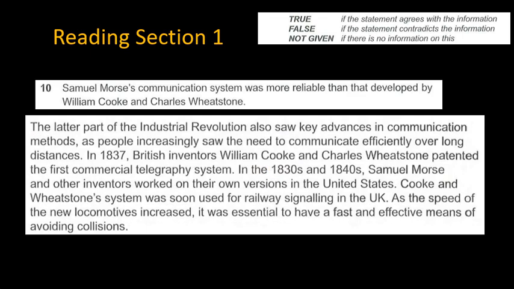Number 10. Samuel Morse's communication system was more reliable than that developed by William Cooke and Charles Wheatstone. So I found this passage here with Morse, Cooke and Wheatstone all being mentioned, so the answer must be here. There they all are. And the key part to the question here, was the system more reliable?